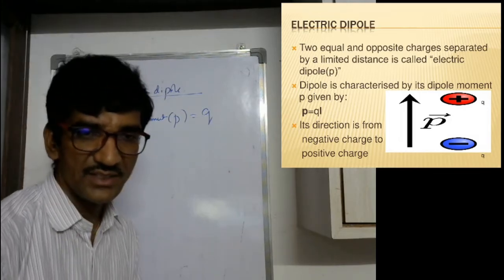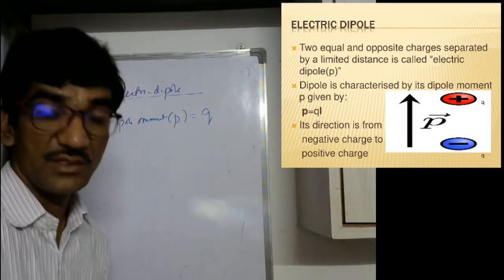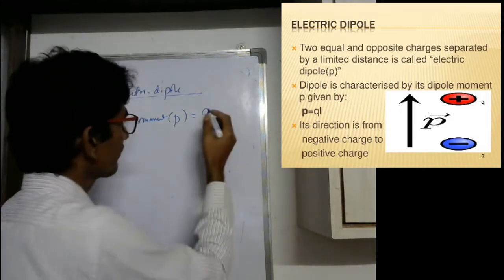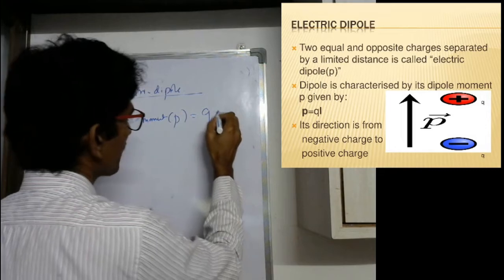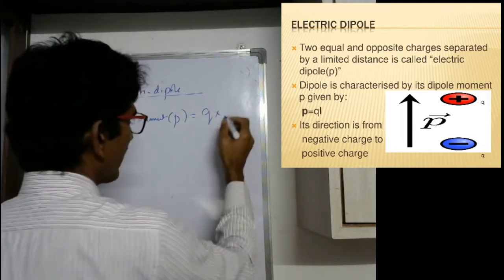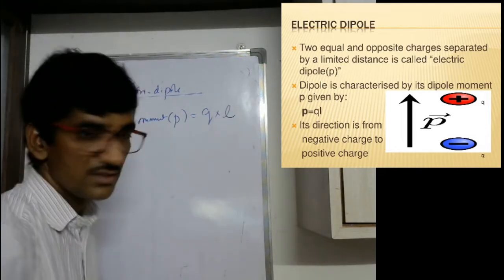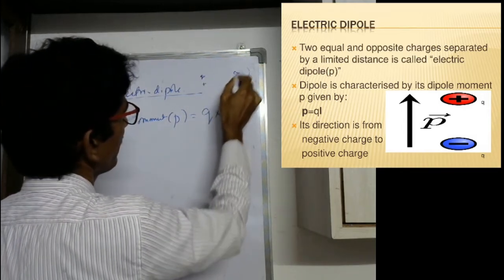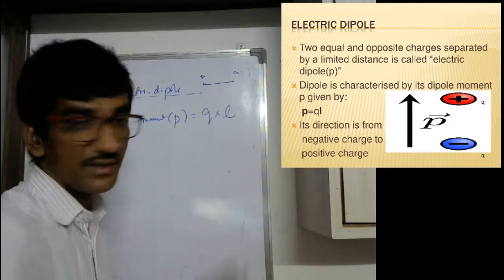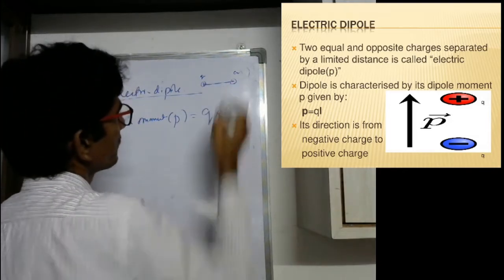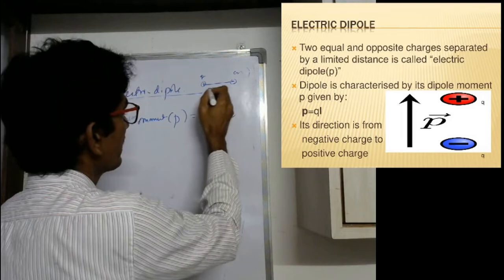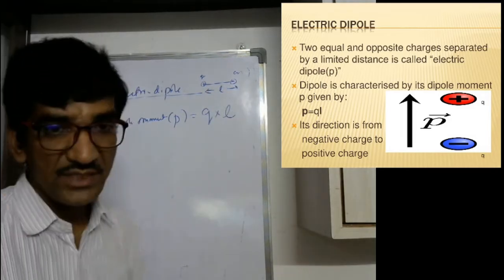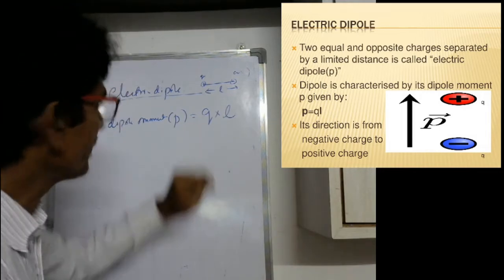Then what will be the electric dipole moment of that dipole? q, equal charge, into separation, that is say L. We are taking two charges, plus q and minus q. Both are separated with a limited distance L. Then what will be the dipole moment vector? That is q into L.